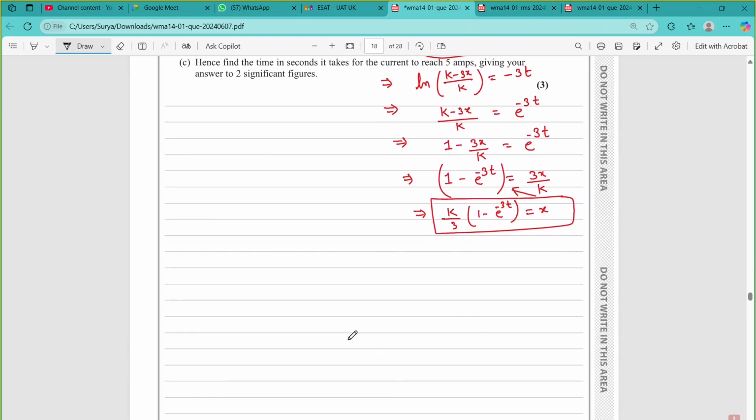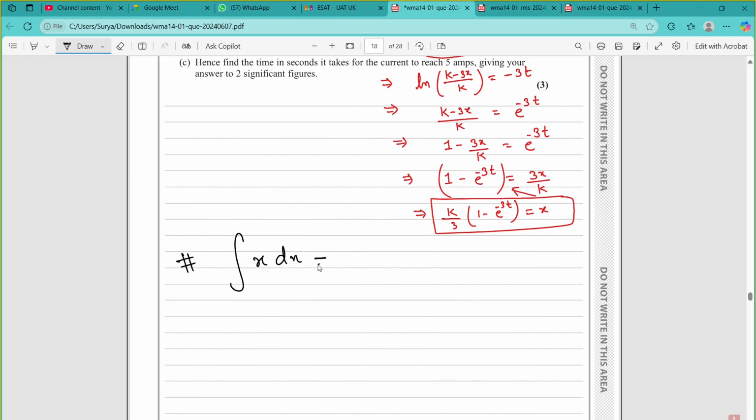See, basically, suppose we are integrating this x. Let us take the simple example: x dx equals t dt. I'm taking a very simple question for your doubt. So what should I write? I should write x squared by 2 plus c1 this side, and here we write t squared upon 2 plus another constant c2.